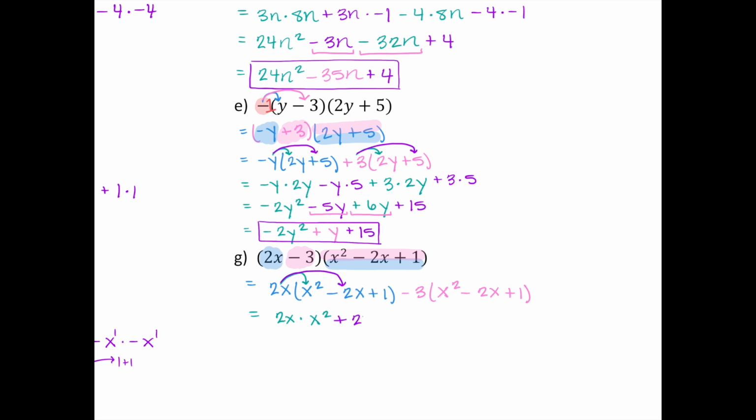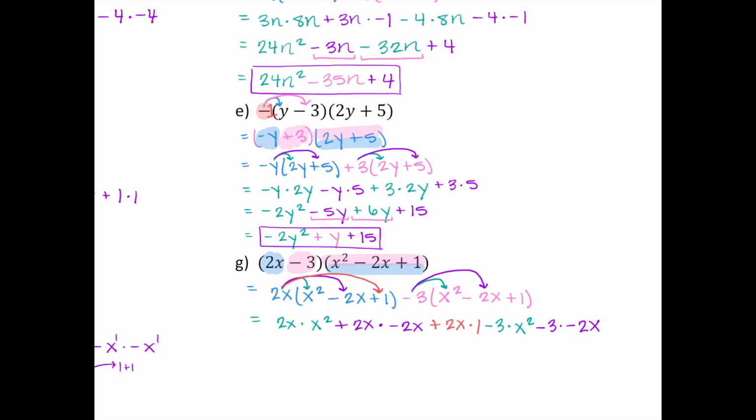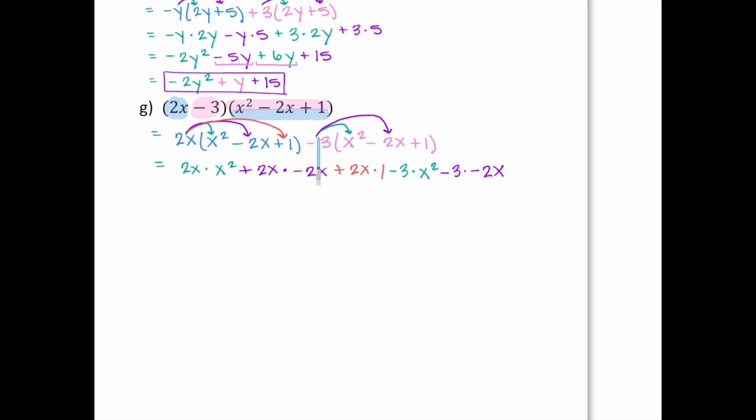It's a positive 2x being multiplied by the negative 2x. And then that 2x also has to be multiplied to that positive 1. So it's a positive 2x being multiplied by 1. This negative 3 has to be multiplied by the x squared. And the negative 3 has to be multiplied by the negative 2x. So negative 3 times negative 2x. And then negative 3 times 1.